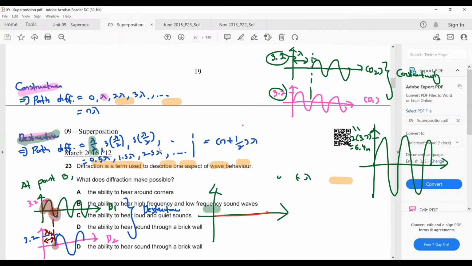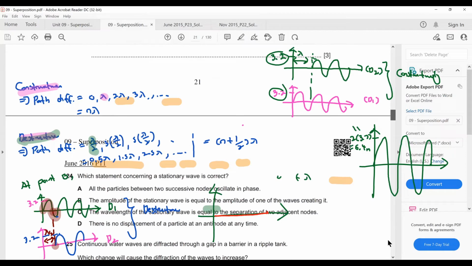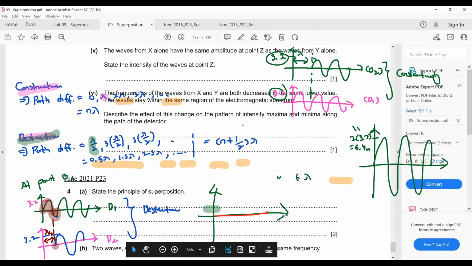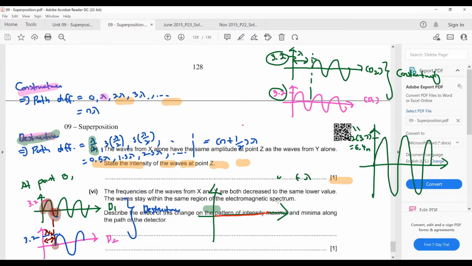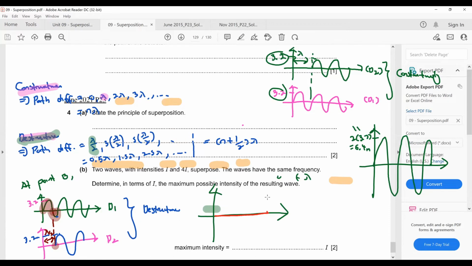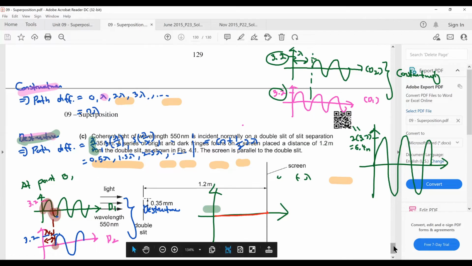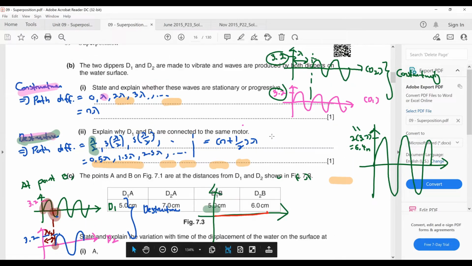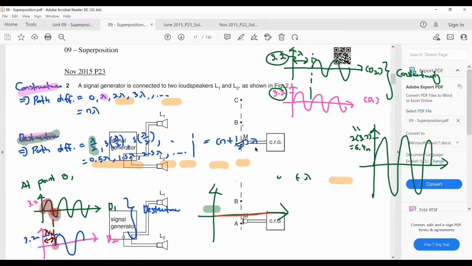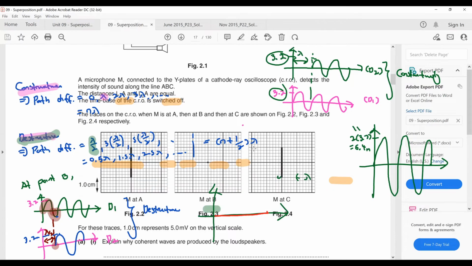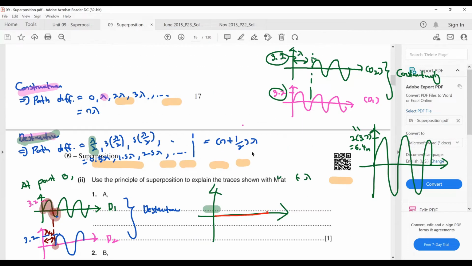Wait, let me just see some particular questions that you can do. Okay, so I go on to that. Page 16 is okay. Page 18.